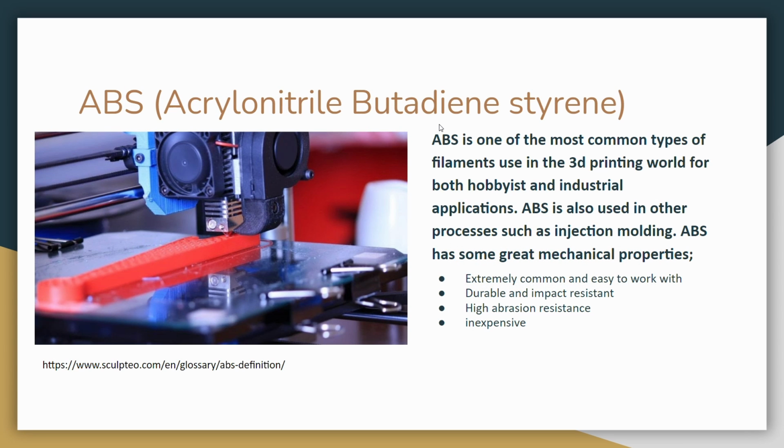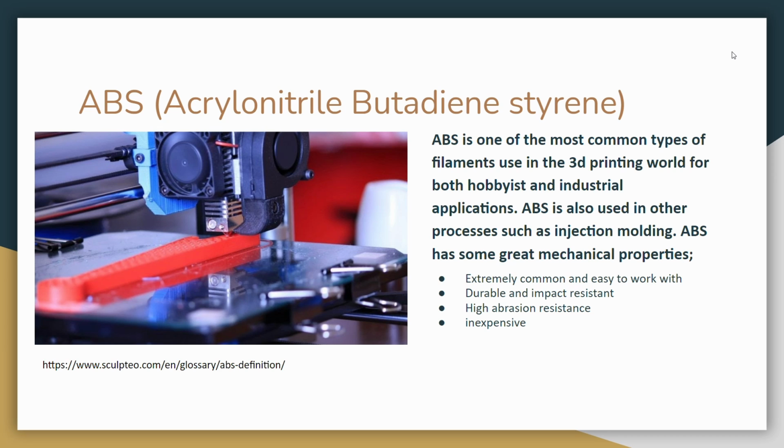The other aforementioned popular filament type used in the hobbyist and industrial markets is ABS. ABS is one of the most successful thermal engineering plastics on the market today, and is not only used for 3D printing applications, but also used for other means of manufacturing such as injection molding.